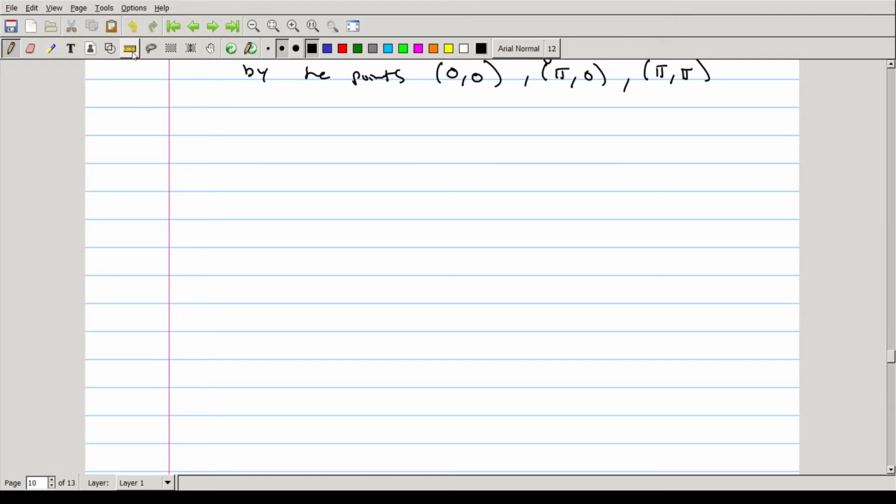And you always want to look at these first by drawing a picture of the region to get some idea of what the bounds are going to be for the integral. So the point 0, 0 is right here at the origin. The point pi, 0 is right here: 3.14159 for the x coordinate, and 0 for the y coordinate.